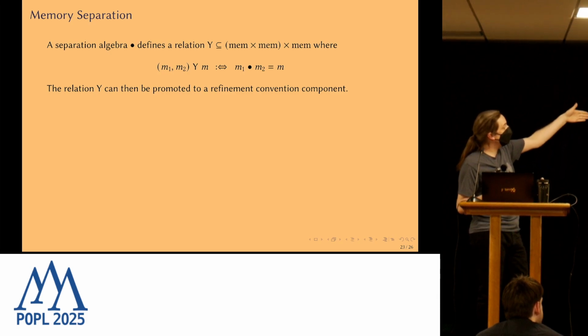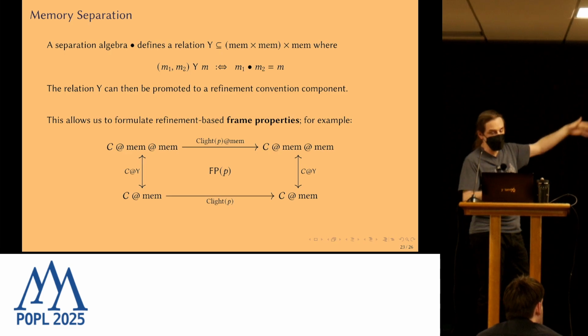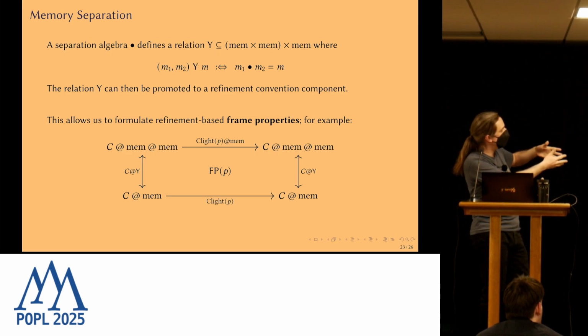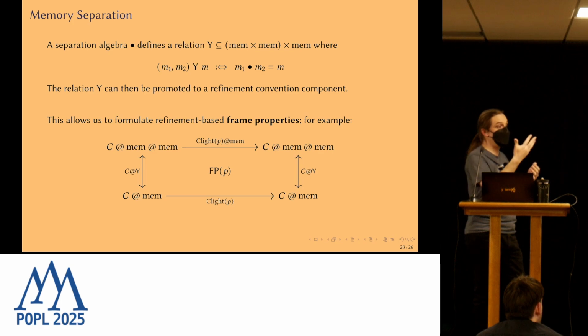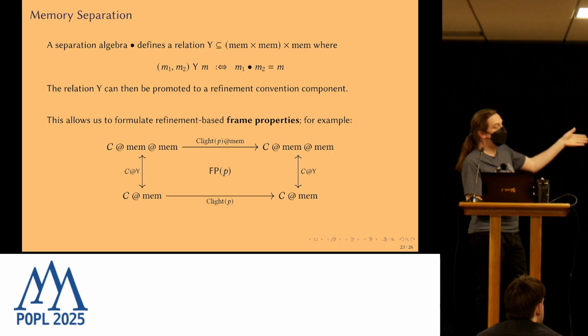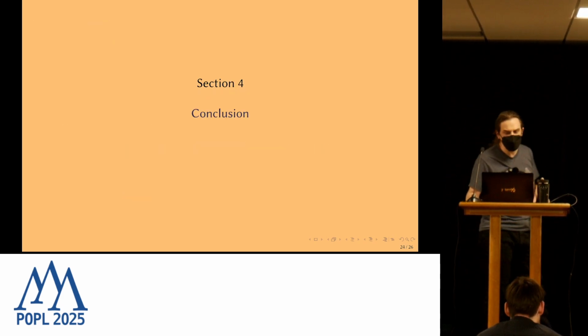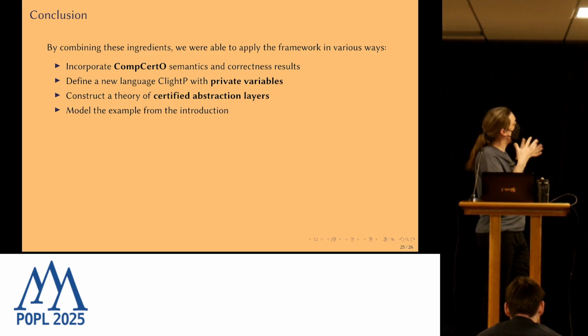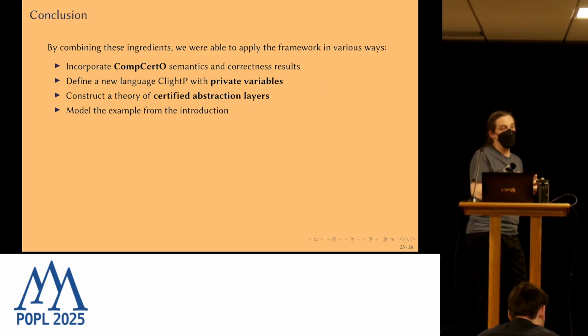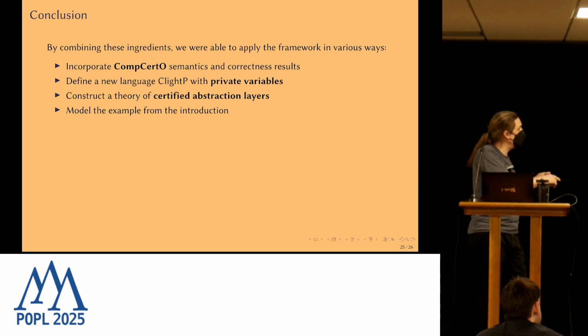We adapted the notion of separation algebra to be used in the context of our refinement squares. And we were even able to formulate a frame property for the C-Lite language in the form of one of our refinement squares. So by combining all these ingredients, we were able to incorporate Concerto in a framework.